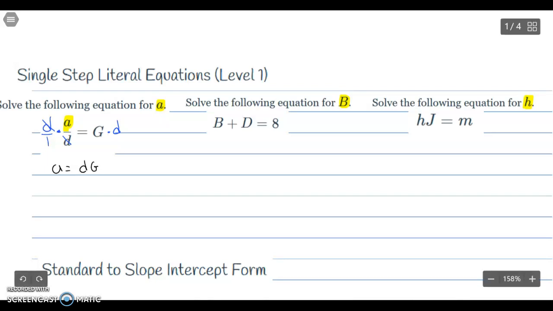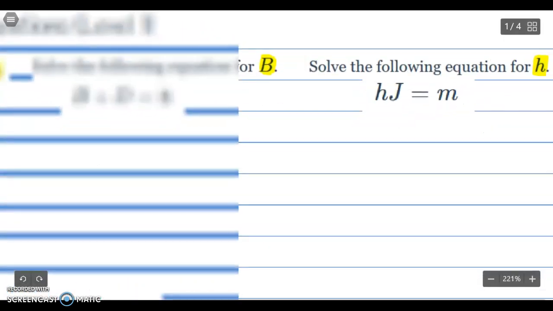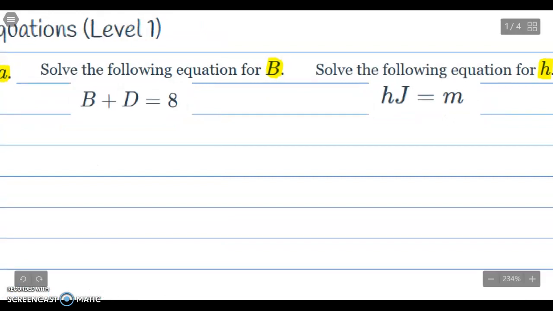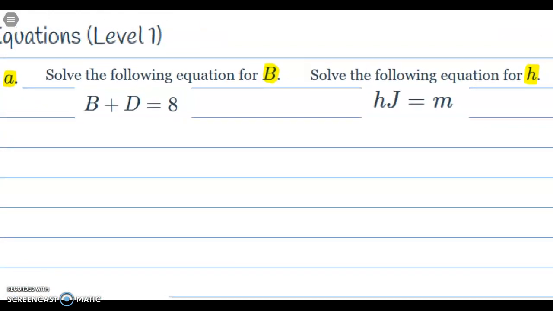Okay. So let's take a look at these two right here. And what we're going to do is go opposite from B. So B plus D. The B is being added to D, so you do the opposite by minusing D. And you're going to minus D on both sides.